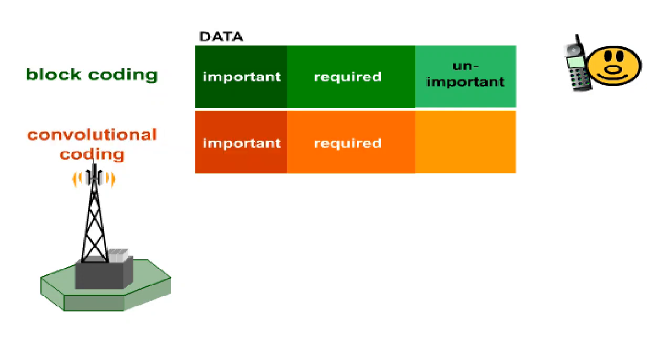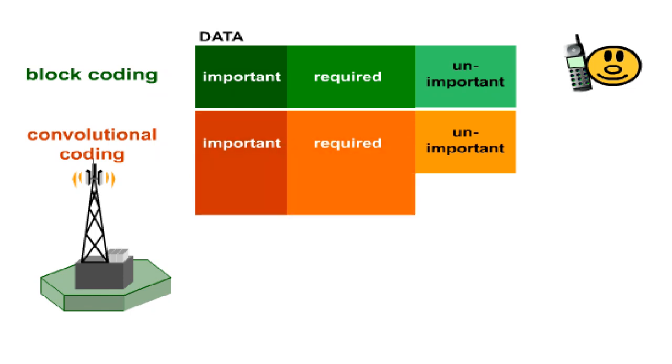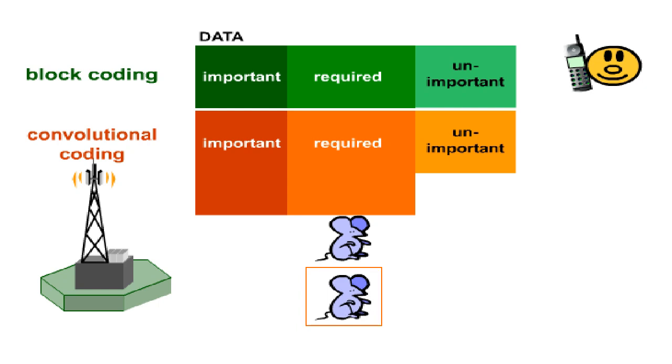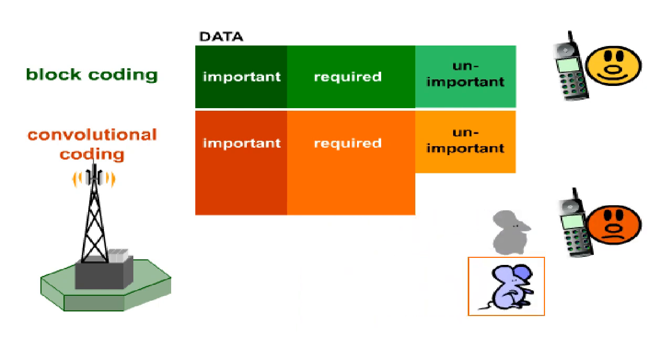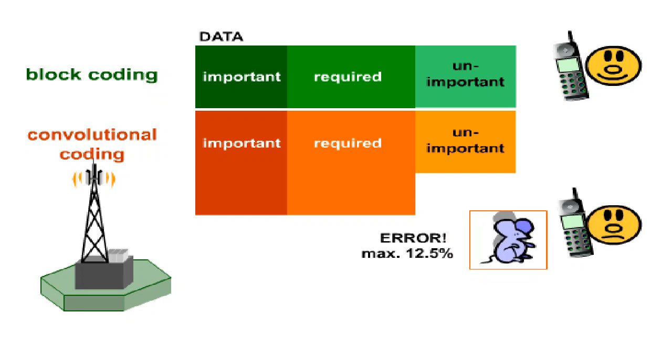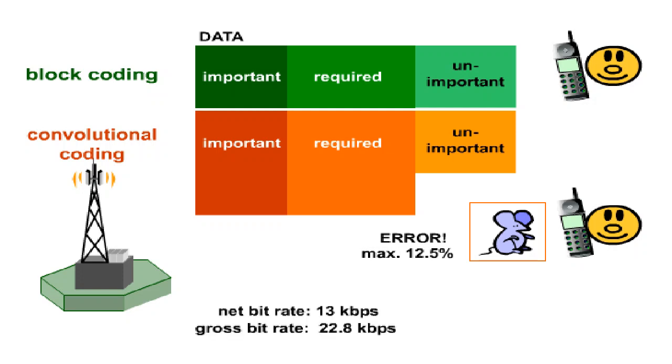With convolutional coding, the information relevant to speech intelligibility is doubled with an arithmetical operation. That means a copy of the data is made so the data can be restored if necessary. This procedure allows to fully compensate bit error rates of up to 12.5% in the secured relevant data. Channel coding increases the bit rate necessary at the air interface from 13 to 22.8 kilobits per second.